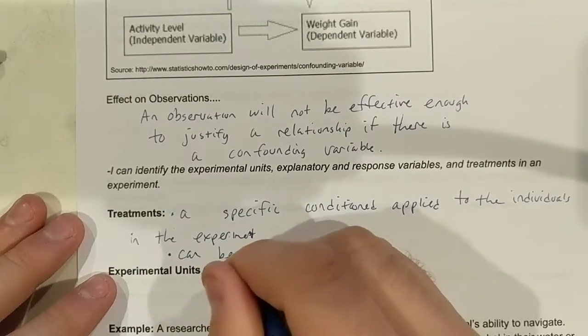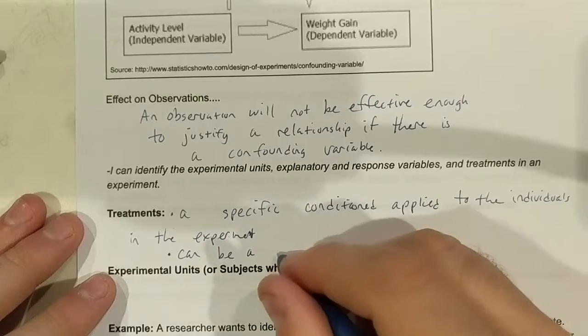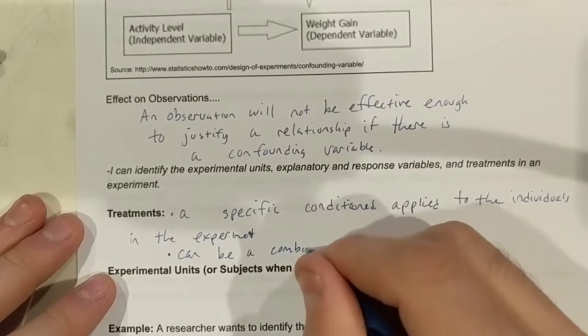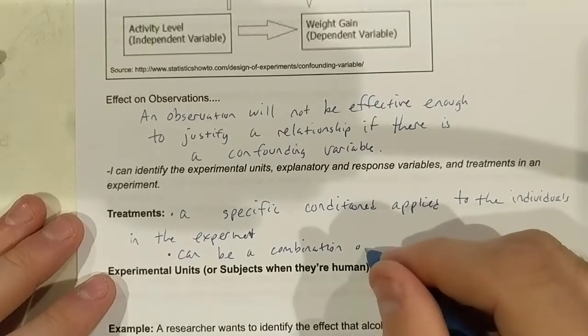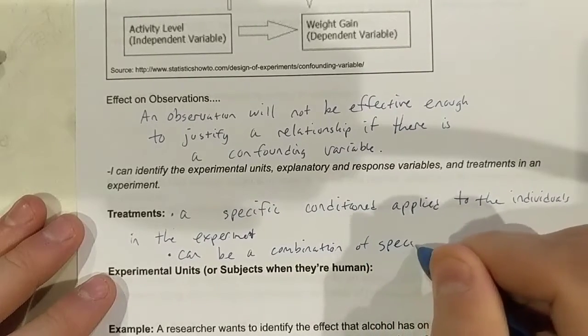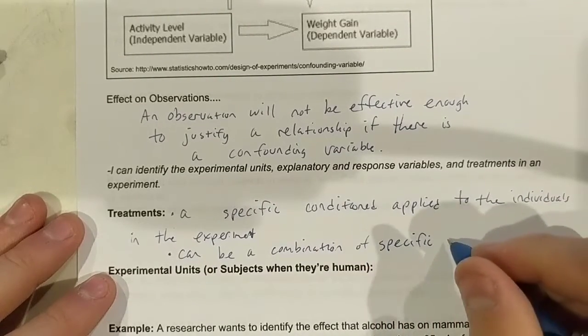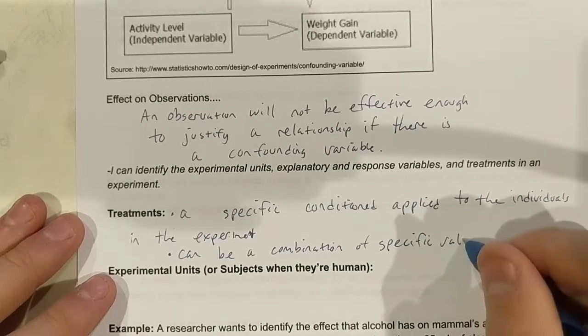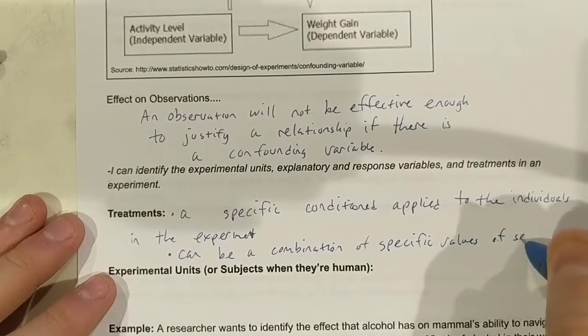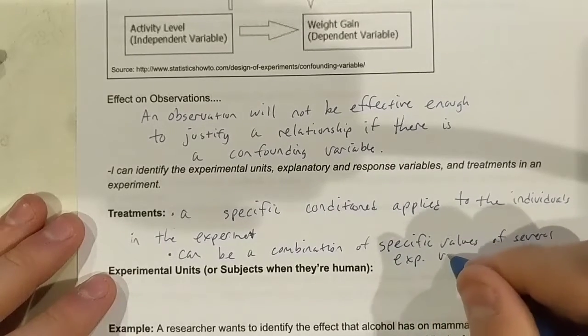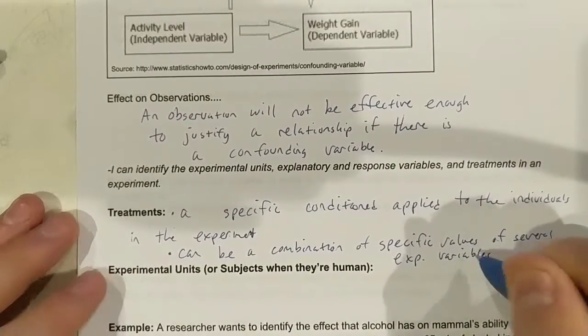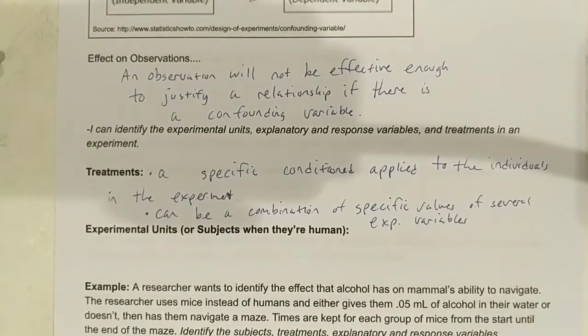It can be a combination of specific treatments or specific values of several explanatory variables. So it doesn't have to be just one treatment. It could be a combination of them all rolled into one.